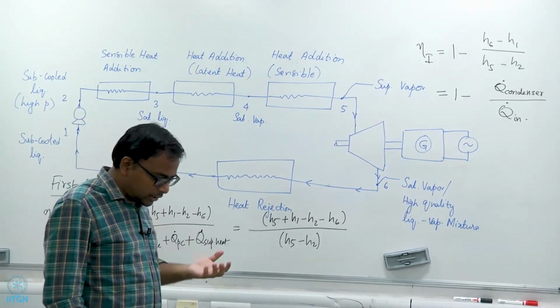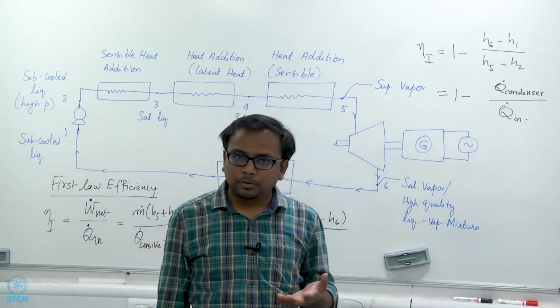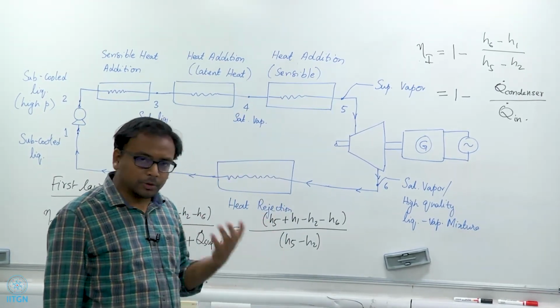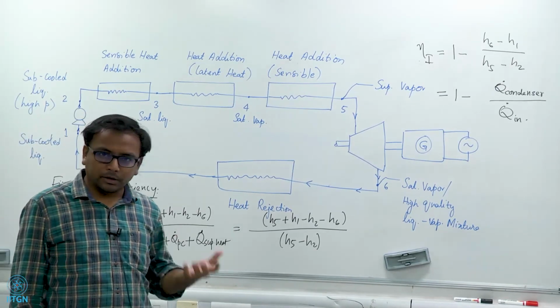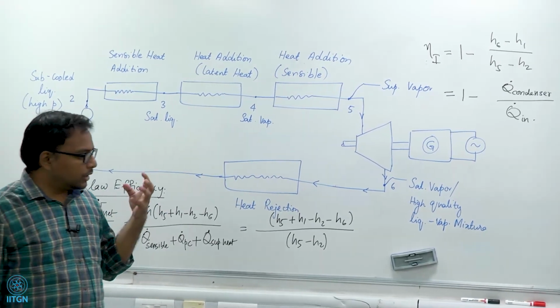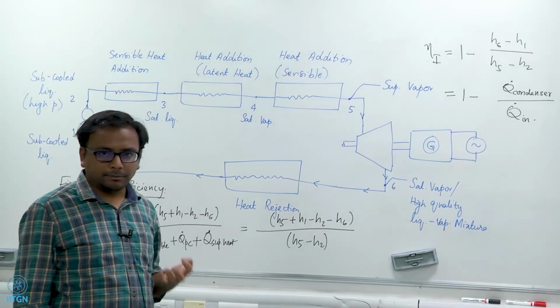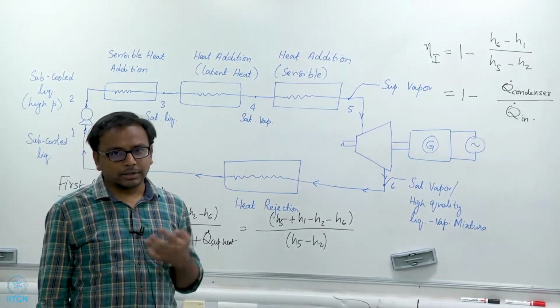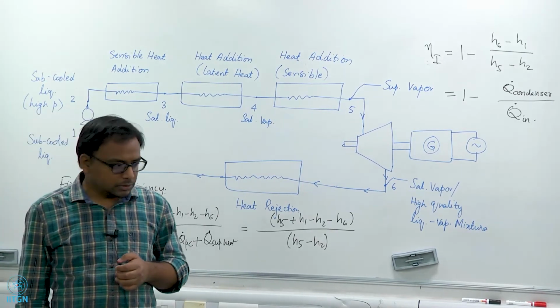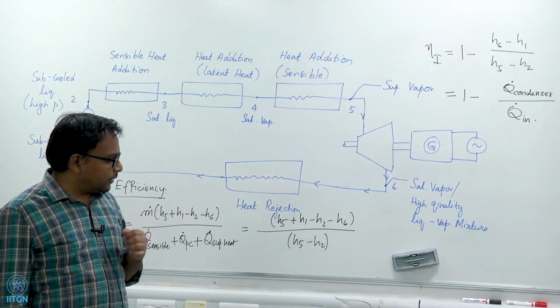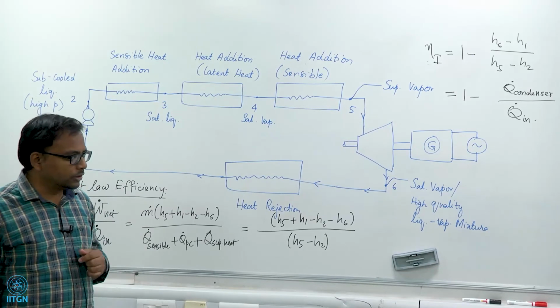In fact, I would encourage you to go through the textbook and look into some of those improvements that we can do. Okay. If you look into chapter 9 of your textbook, you will see that the Rankine cycle and its variants have been discussed thoroughly. I would encourage you to study that. Okay. So, let us end here for today.